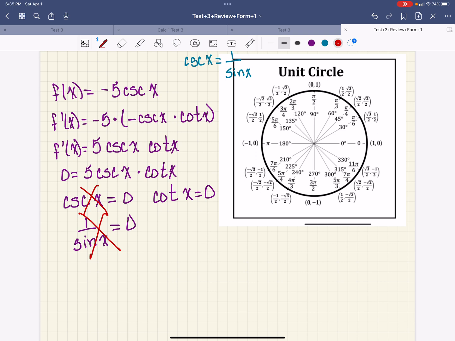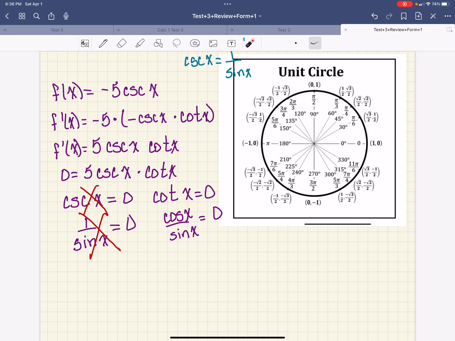Now cotangent of x, we have to think about our numerator. Remember that cotangent is cosine of x over sine of x. We have to make sure that this is not undefined. So we know that sine of x can't be 0, and sine of x is 0 at 0 and at pi.